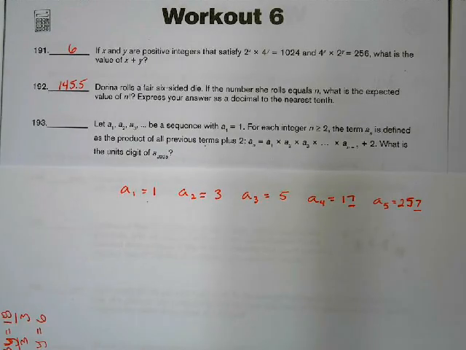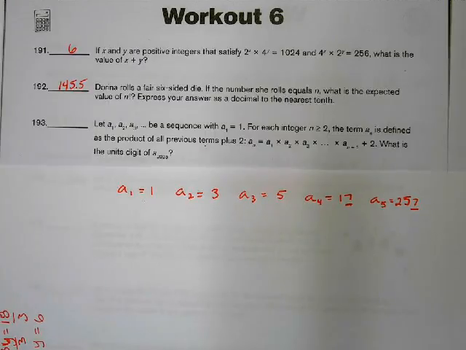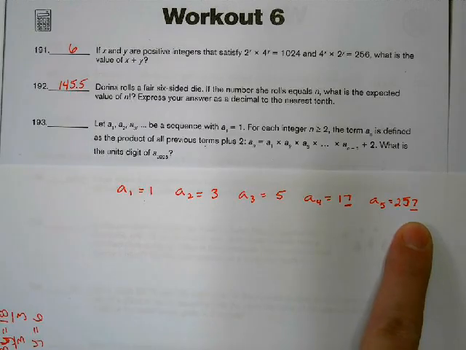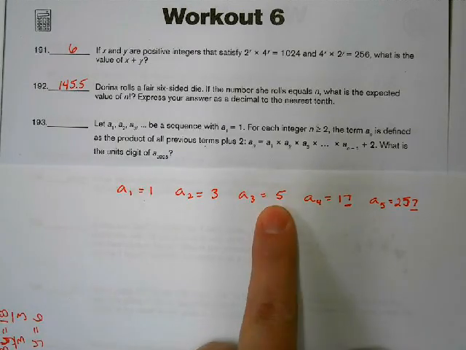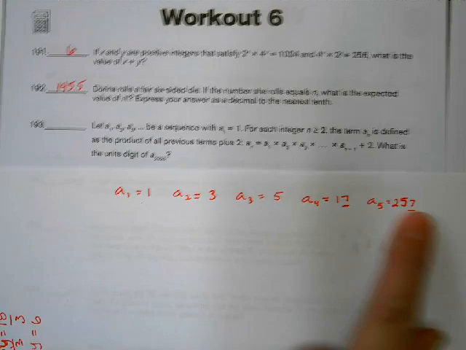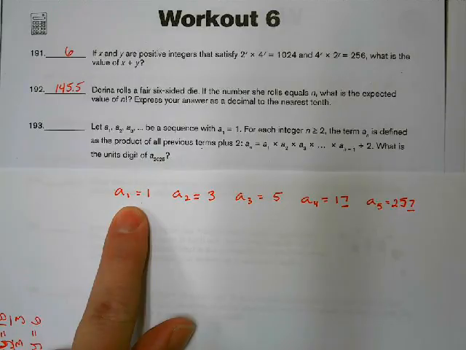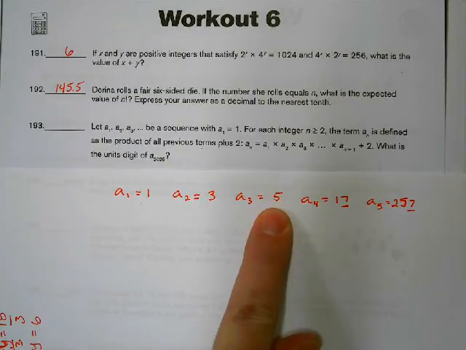And now we should see a pattern at this point. Since all of these numbers are odd, and they're always going to be odd, and we have a 5 in here, when I multiply all these numbers from here on out, I'm always going to get a units digit of 5, because that's what happens when you multiply odd numbers by 5. You always have a units digit of 5. And I'm always adding 2 to that number.